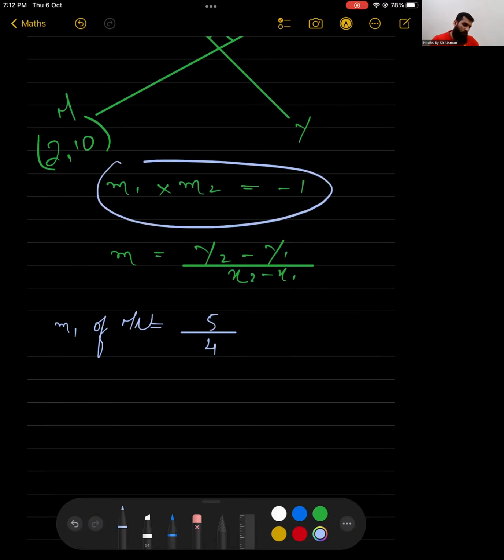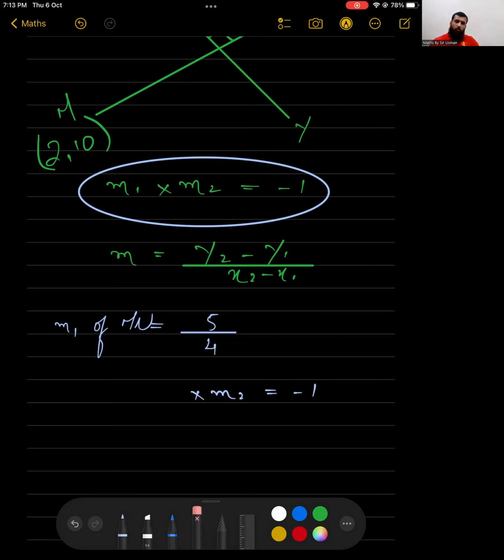Now you have the general equation for finding the gradient of a perpendicular line. So you need to substitute the value in place of m1 and find m2. I'll remove m1 from here, put 5/4, and figure out the value of m2.